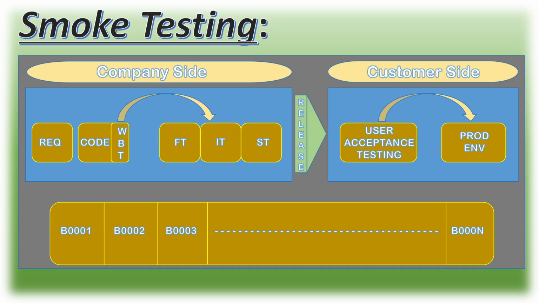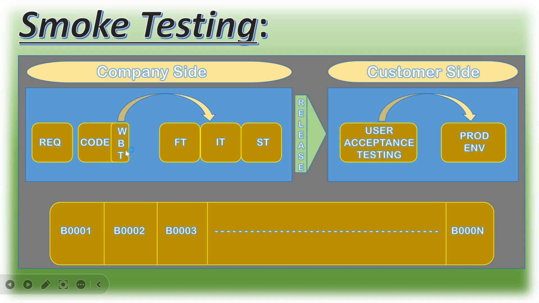So here in the diagram, you already saw this testing process in my previous video. On our company side we have the requirement, which is given by the customer, and the coding will be done by the development team.